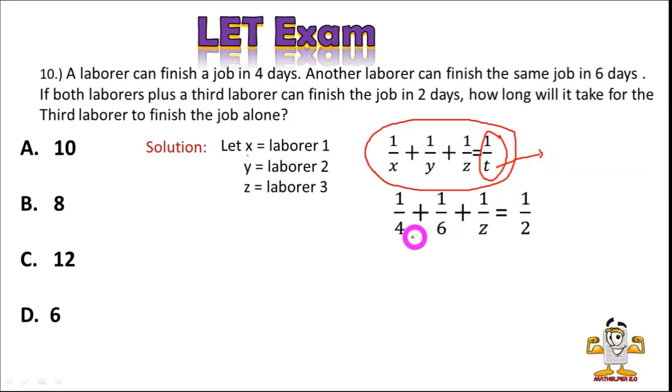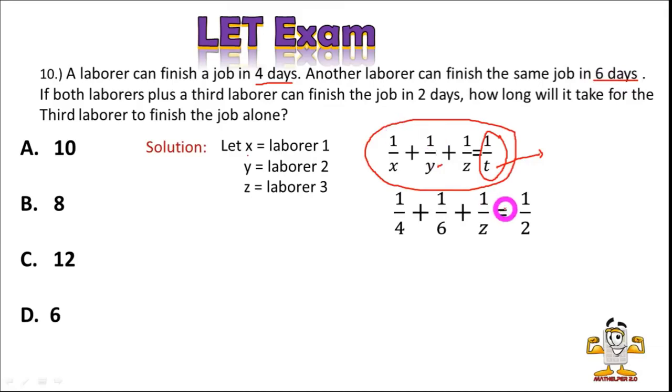So, plug in lang po natin yung numbers. So, laborer 1 matatapos po niya ng 4 days yung trabaho. Laborer 2, which is the Y, can finish the job in 6 days.